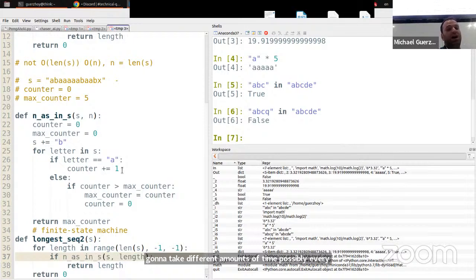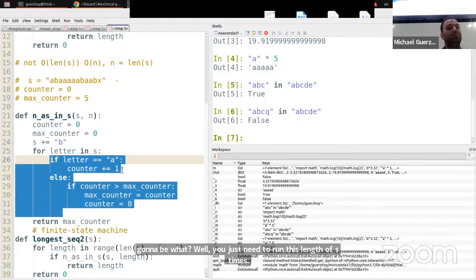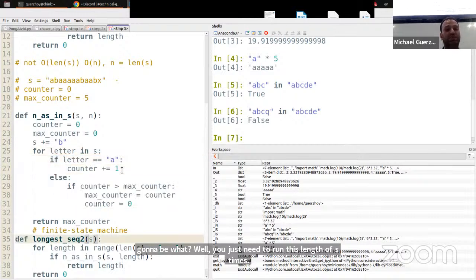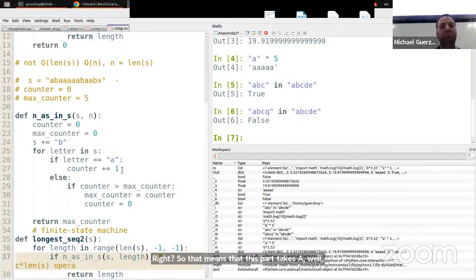So in fact, how much is this going to take? Well, the runtime of this is going to be what? Well, you just need to run this length of S times, right? So that means that this part takes C times length of S operations, right?